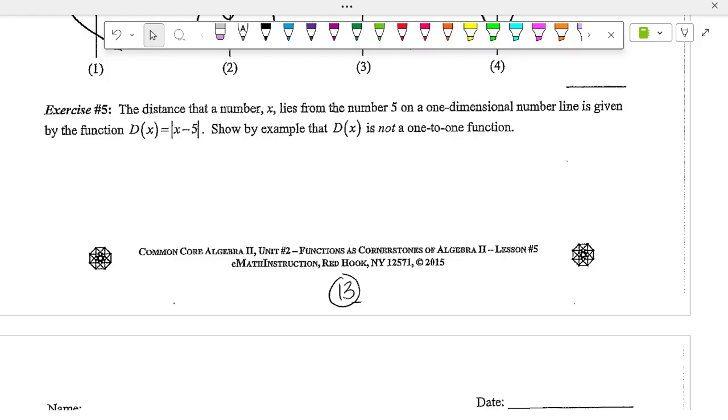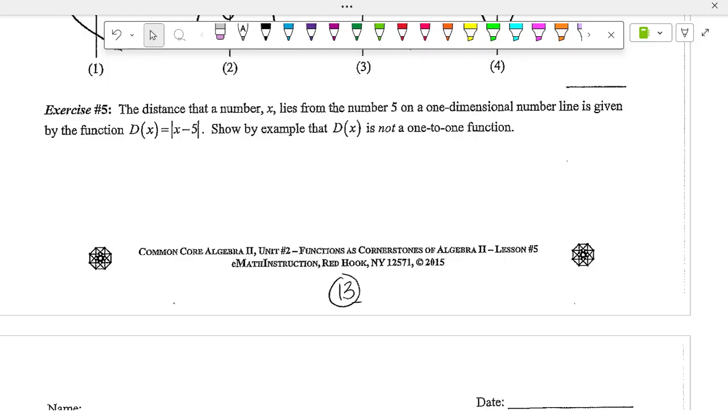Now I'm looking for the x that gives you negative 5. What minus 5 is negative 5? 0 minus 5 is negative 5. So x equals 10 and x equals 0.